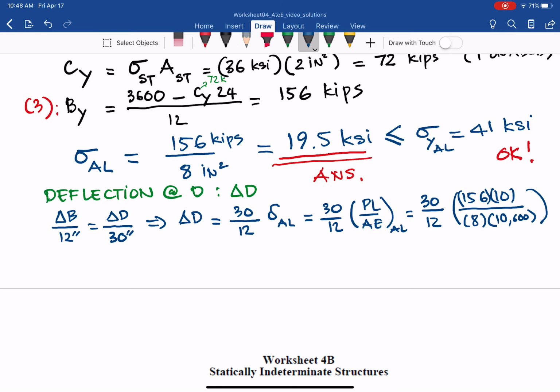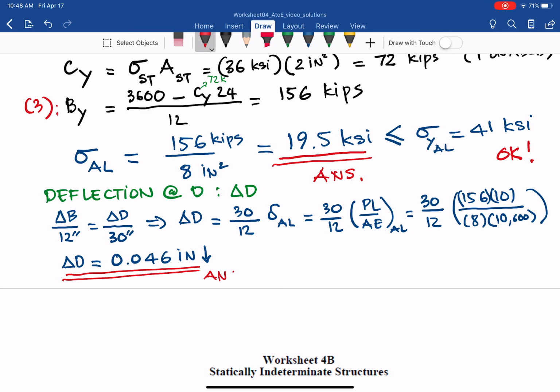So from that we have delta D equal to 0.046 inch, and that is going down, you can see the deflection is down, so that should be the answer.